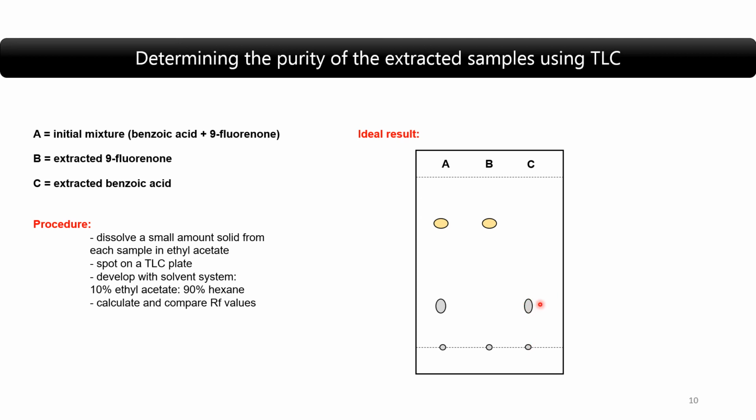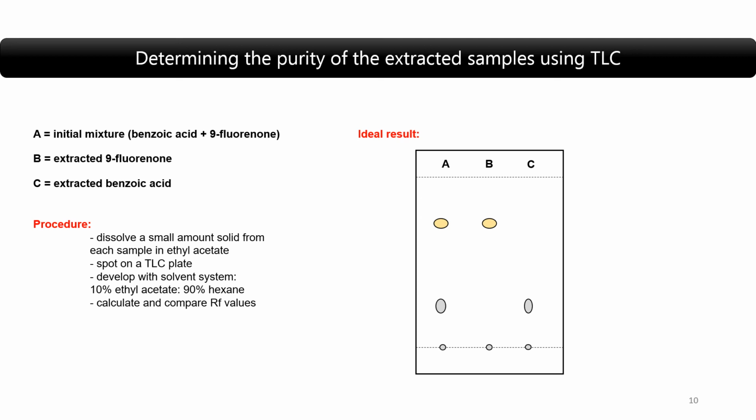That means we should see one spot in it that corresponds with the lower spot from the initial mixture. You would calculate the Rf values for each of these and you can make a comparison, and in your conclusion you can say, based on these results, we can say that our extraction was successful.